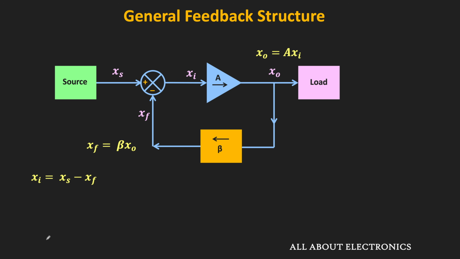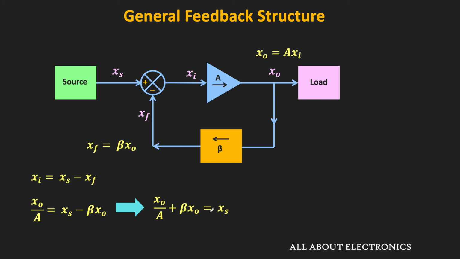As you can see, X0 is equal to A times Xi. So Xi is equal to X0 divided by A, and likewise Xf is equal to beta times X0. So X0 divided by A is equal to Xs minus beta times X0, or X0 divided by A plus beta times X0 is equal to Xs.